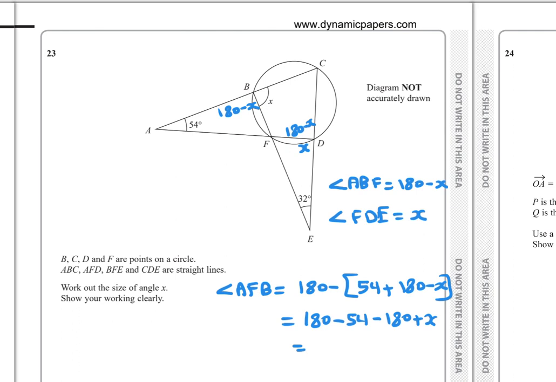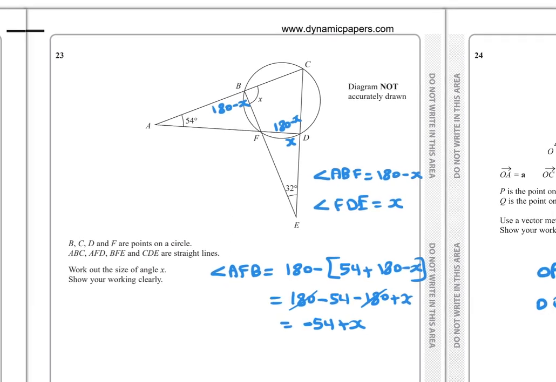So equals negative 54 plus x, because you can cancel 180 with negative 180. So this angle is negative 54 plus x, or x minus 54.